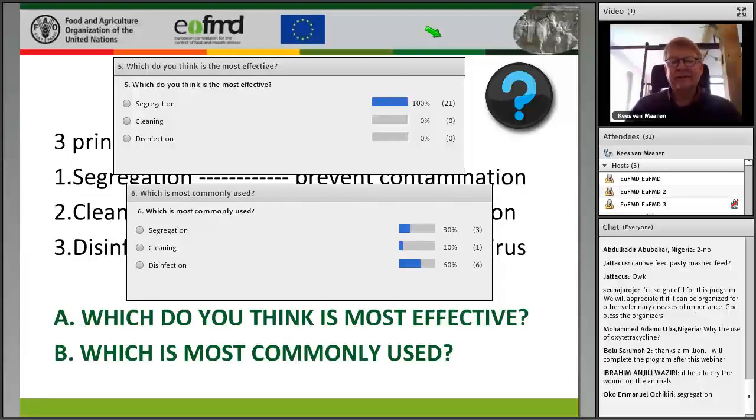I'm really very happy to see this, because it means that you have well understood the modules on biosecurity, and this is indeed true. It all starts with segregation. And what is often used, I also agree with that one: in practice, most commonly, disinfection is used. Thank you, Chiara. We can close the polls.